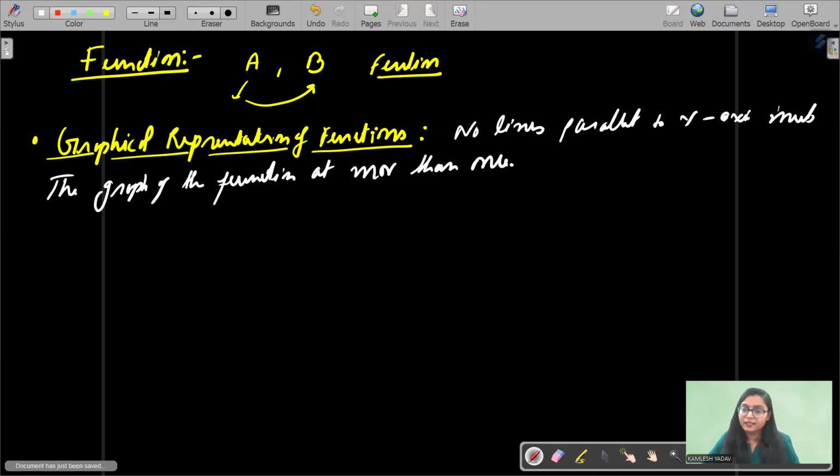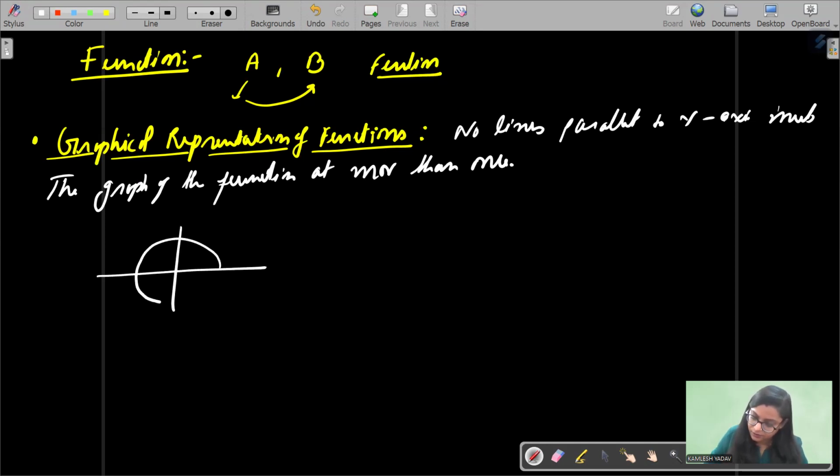Suppose we have a graph function like x square plus y square equal to a square. This is a circle.